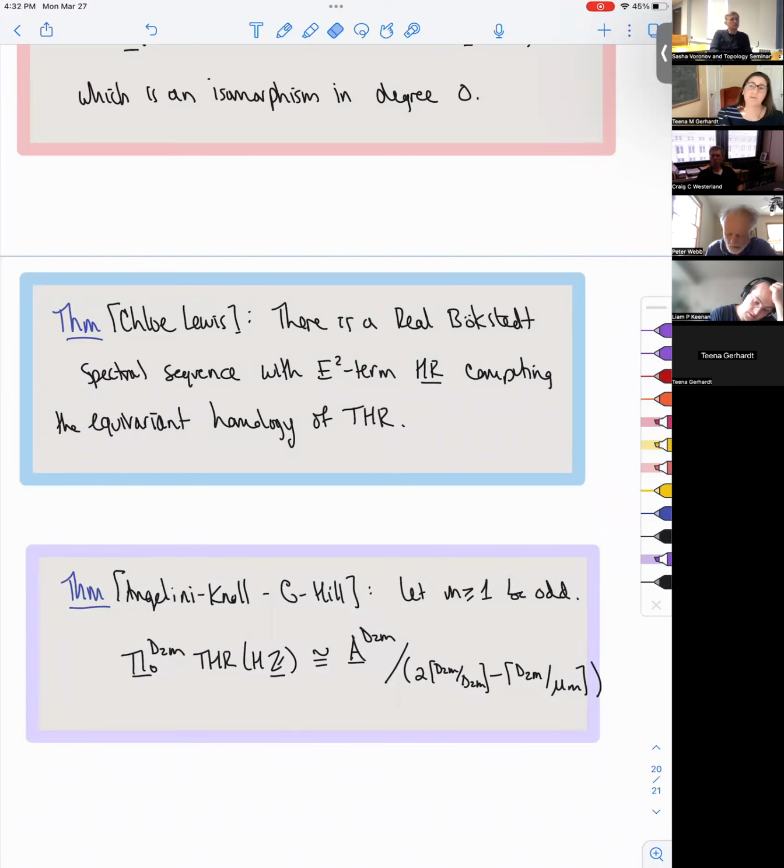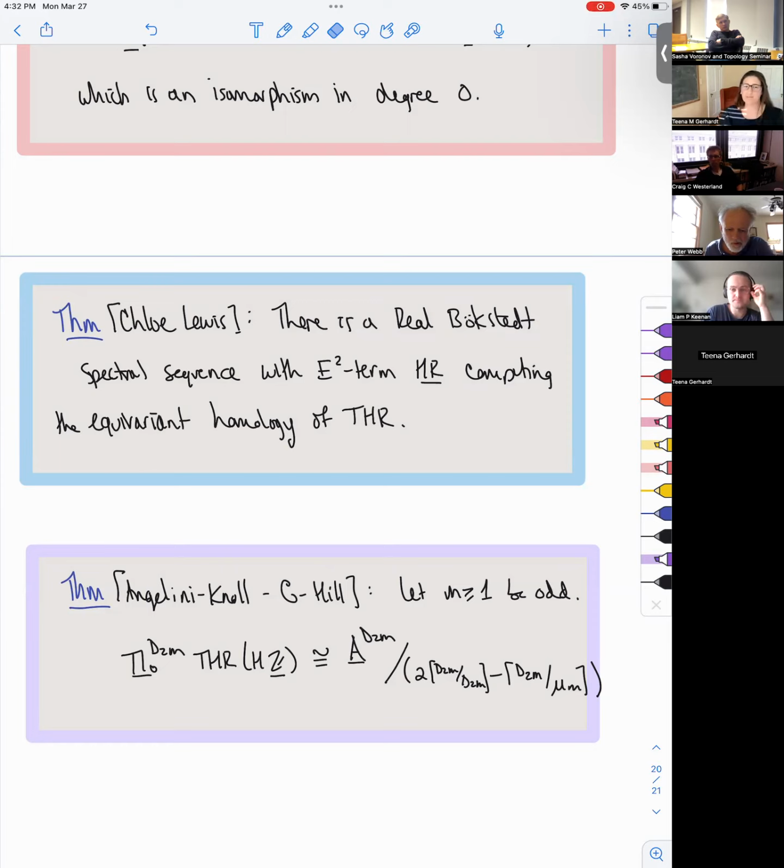And then, let me just close by saying that this kind of approach through real Hochschild homology is also computationally useful for THR. So in the work with Gabe Angelini-Knoll and Mike Hill, we, for instance, compute pi0 of THR of HZ. That Z underline is the constant Mackey functor for Z. And we give this characterization on the right, which is a quotient of a Burnside Mackey functor.